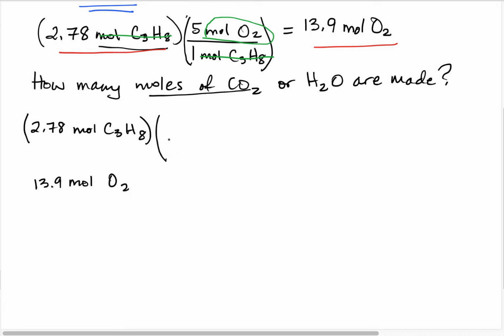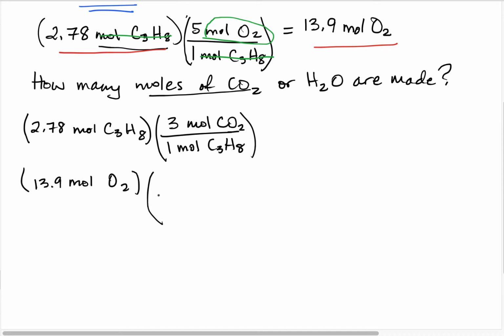All right, if you did the C3H8, we have 1 mole of C3H8 reacting to make 3 moles of CO2. And with the O2, we have 5 moles of O2 that react to produce 3 moles of CO2 from the balanced chemical equation.